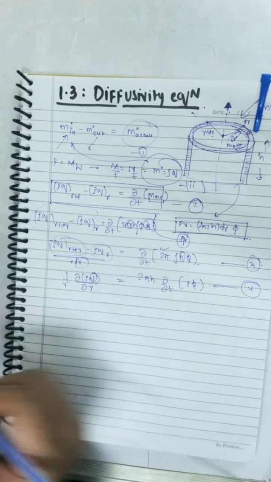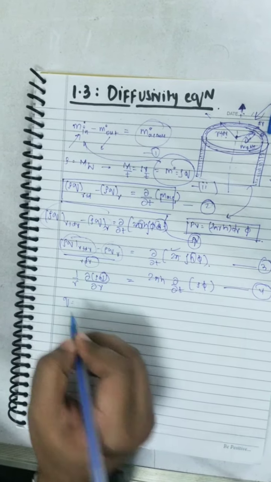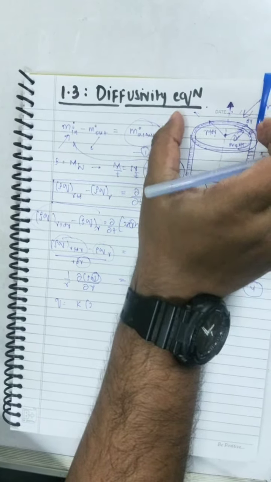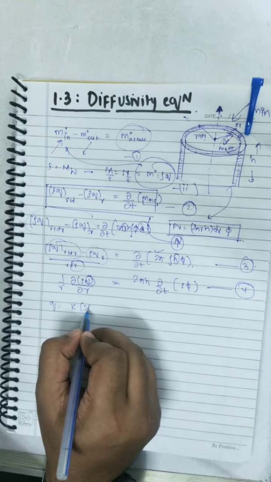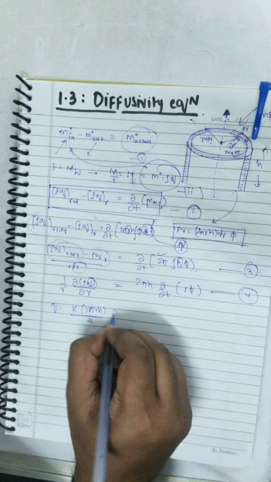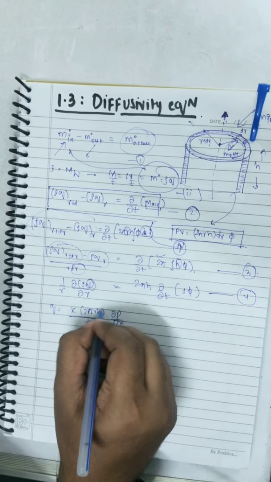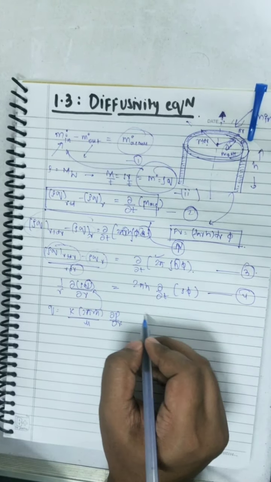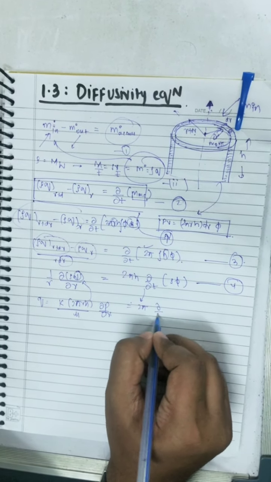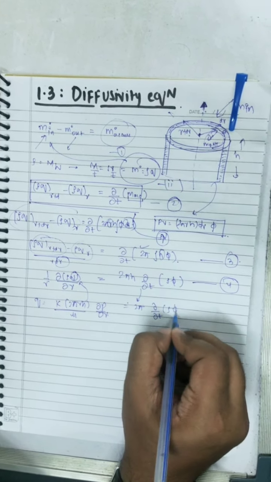Now here we'll put in Darcy's law, which is nothing but k times area, where area is 2 pi r h, the curved surface area of the cylinder, k A by mu del p by del r. We'll keep it here, and here you can see this one is del by del t of rho phi.